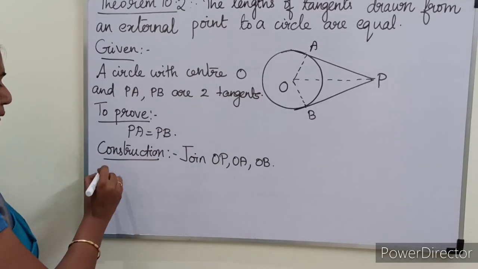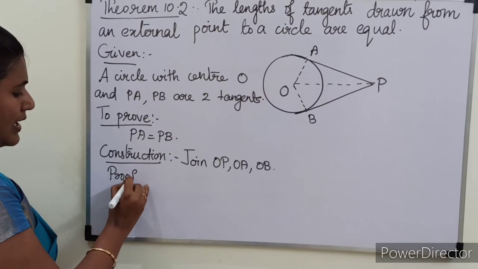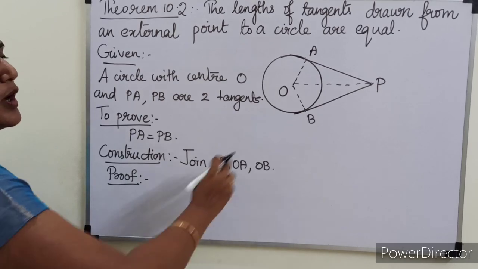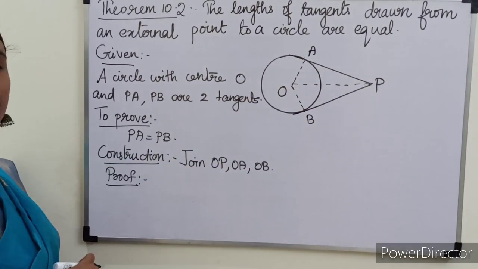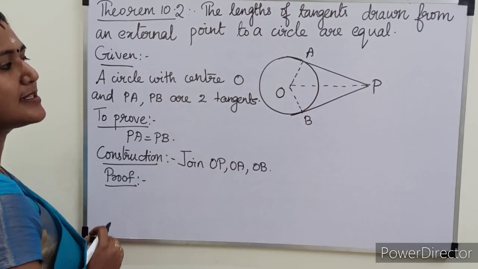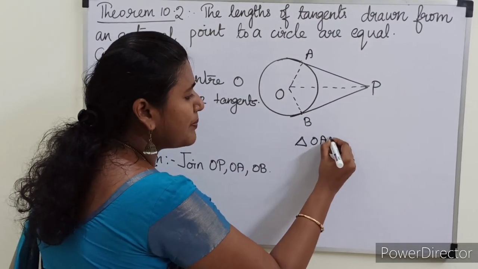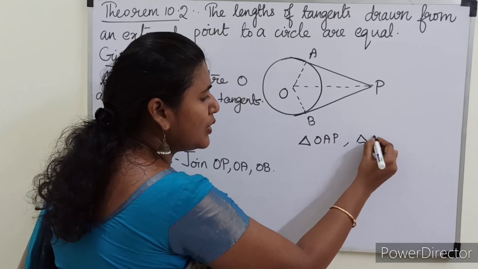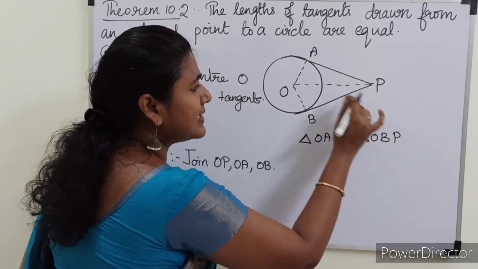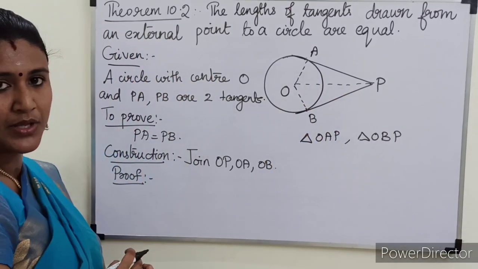Now we will see the proof. Here we have two triangles, triangle OAP and triangle OBP. We will consider these two triangles.